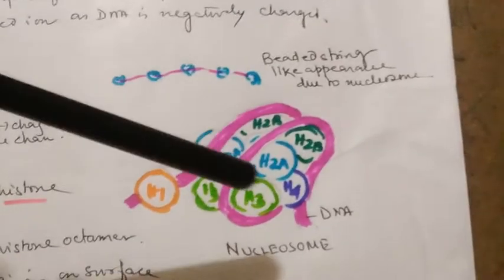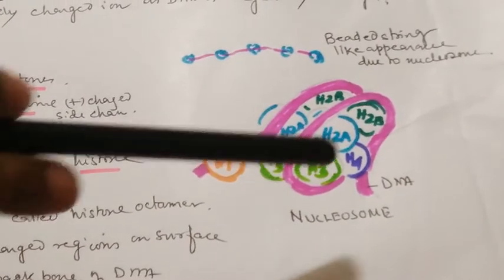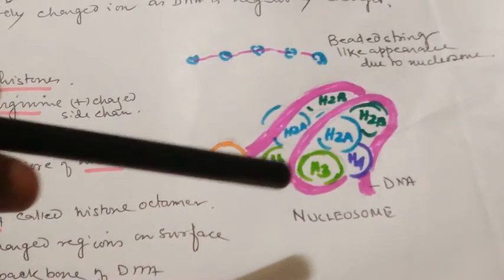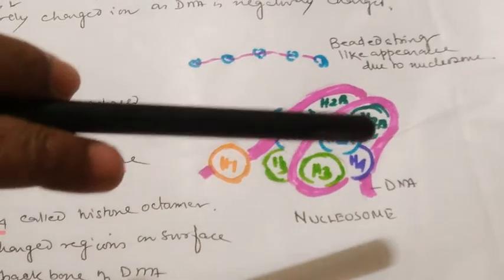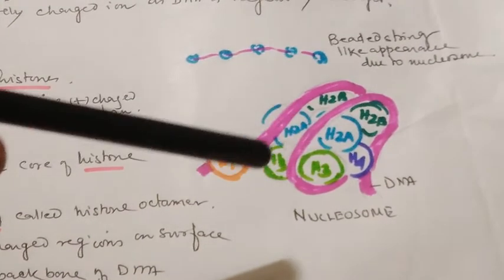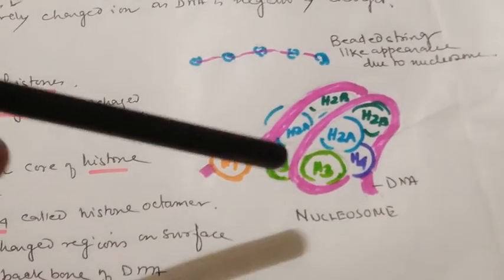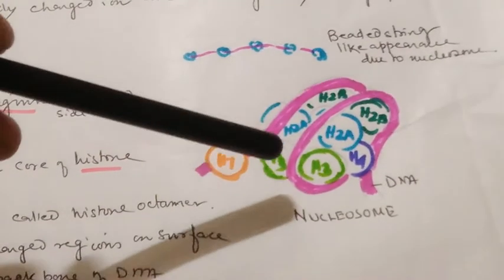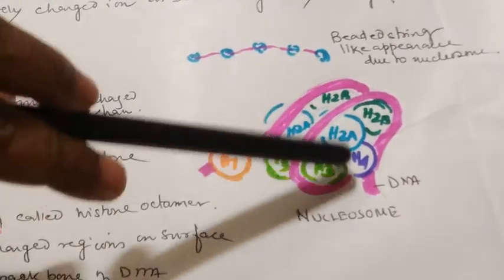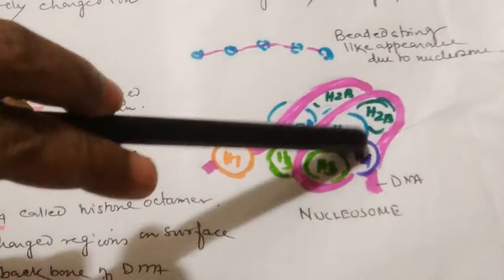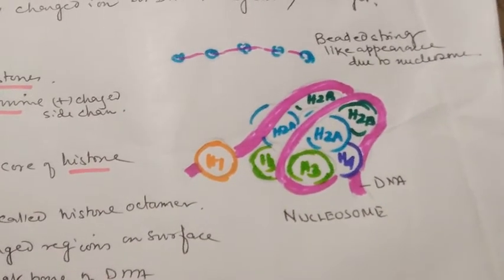It contains 4 types of histone: H2A, H2B, H3 and H4, and that also in pairs. So 4 types of histone proteins, H2A, H2B, H3 and H4, in pairs, and so it is called histone octamer.